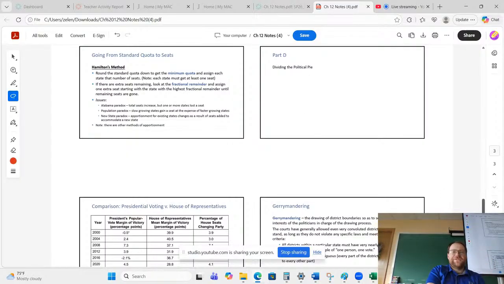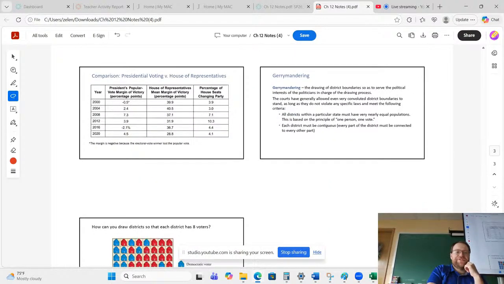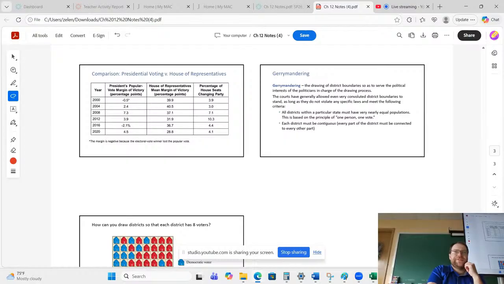But it's always a hot topic of how to divide the political pie, so to speak. And where politicians tend to get into trouble with this is something called gerrymandering. And gerrymandering is basically the manipulation of the populace so that it works in their favor.